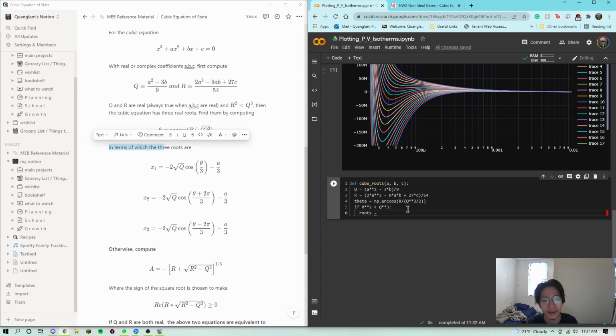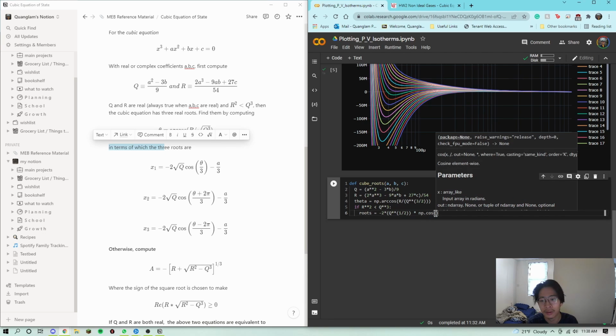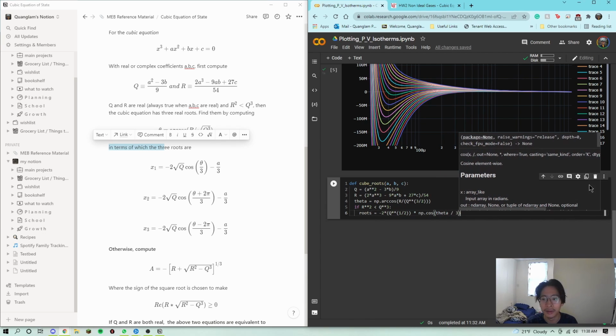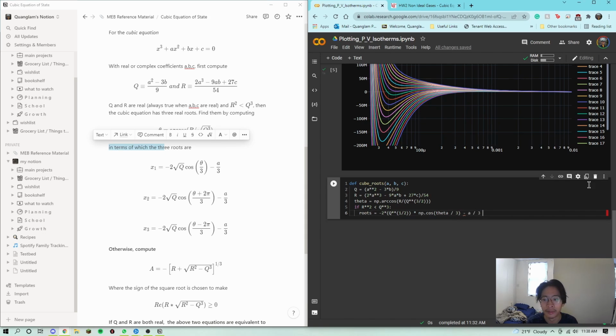Roots equals, and we'll make it an array, and then we'll use np.sort to put them in order from lowest to highest. Okay, so x1 is equal to -2 times Q to the 1/2. It just struck me that I'd probably want to make sure that this is in parentheses for it to compute correctly, times np.cos of theta over 3, minus A over 3.